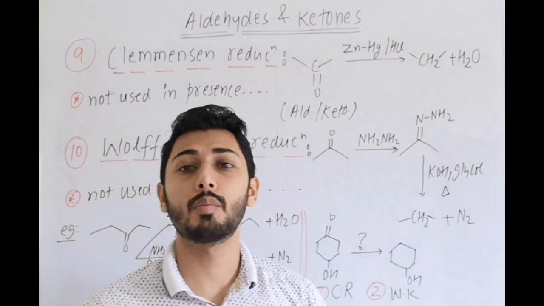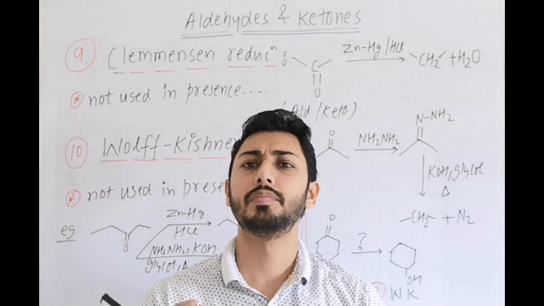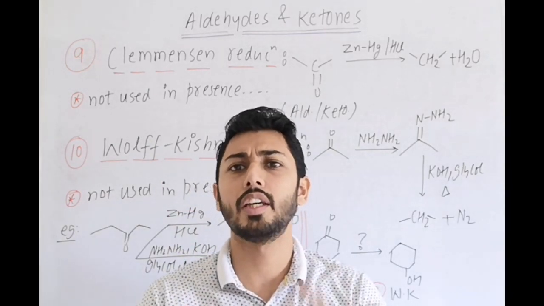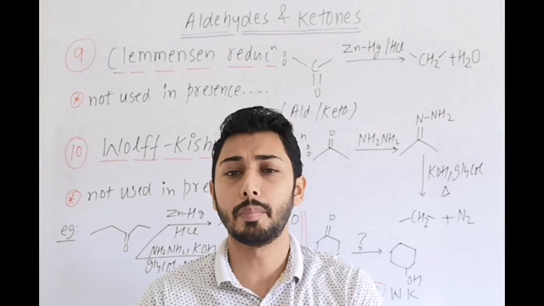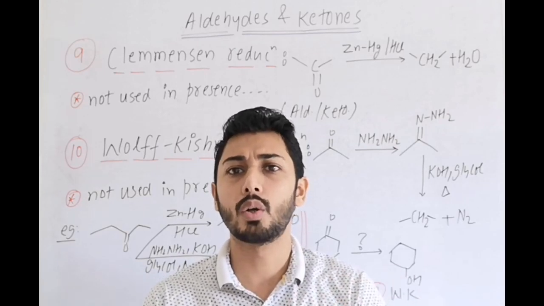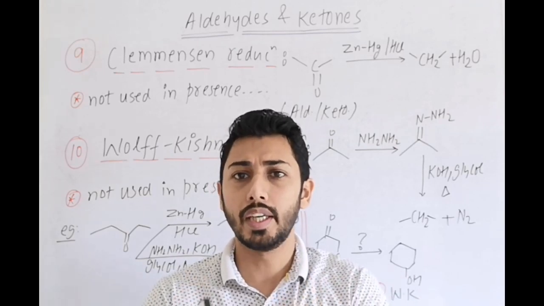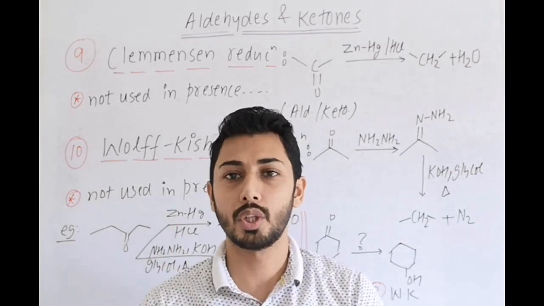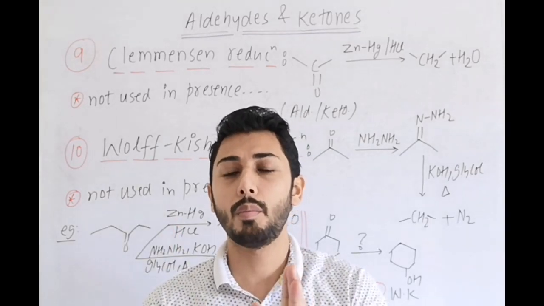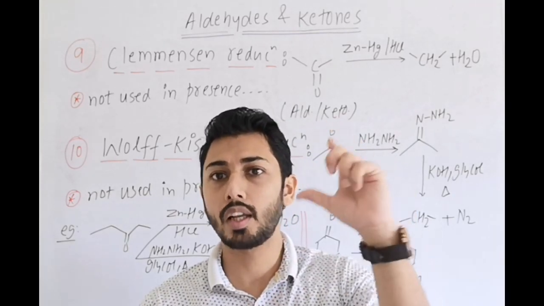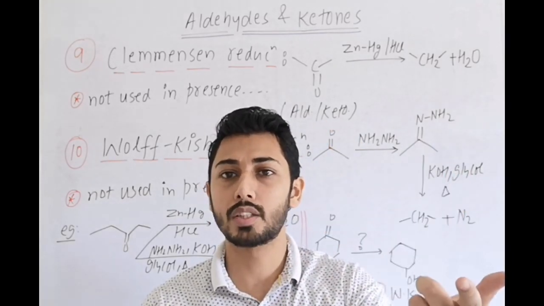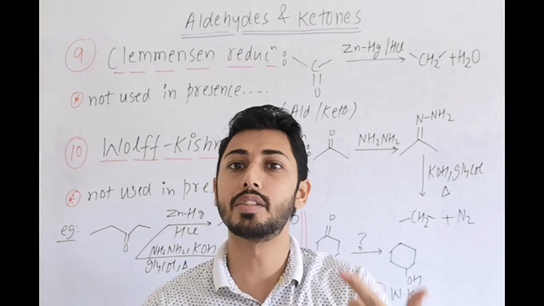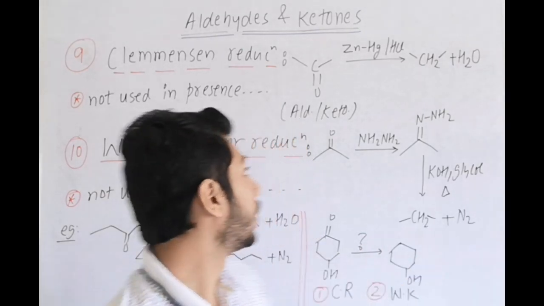That is why if any carbonyl compound contains any other groups, like a double bond, triple bond, alcoholic group or ether group, then in that case we will not prefer Clemmensen reduction. Why? Because apart from reducing the carbonyl carbon, it also reacts with other acid sensitive functional groups.